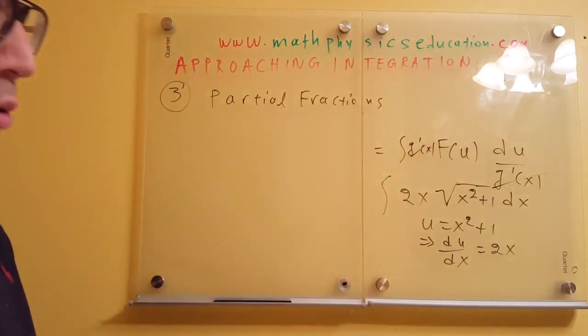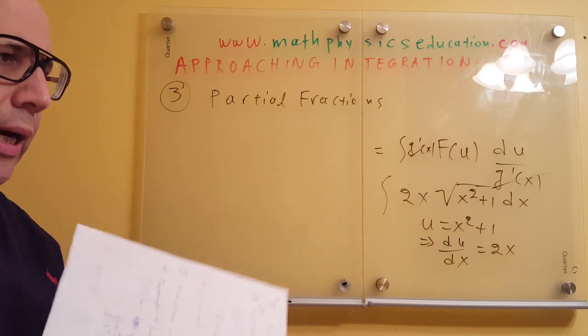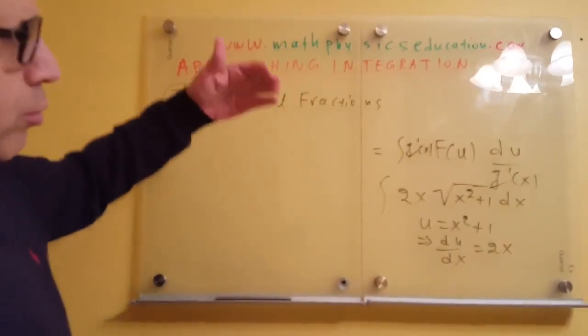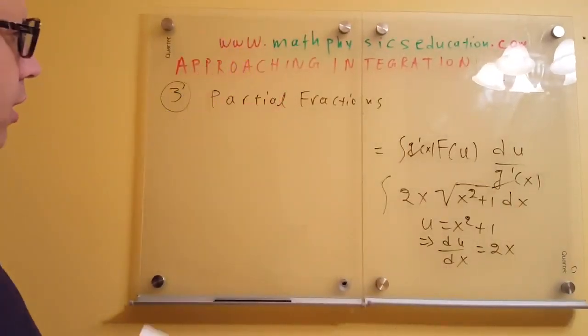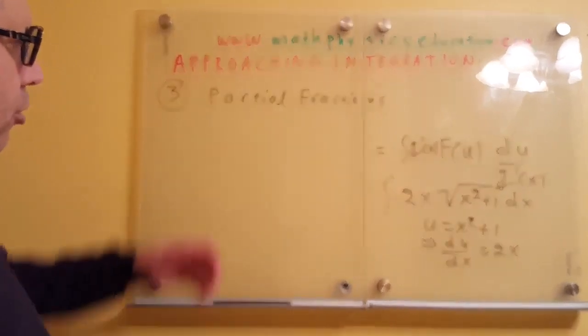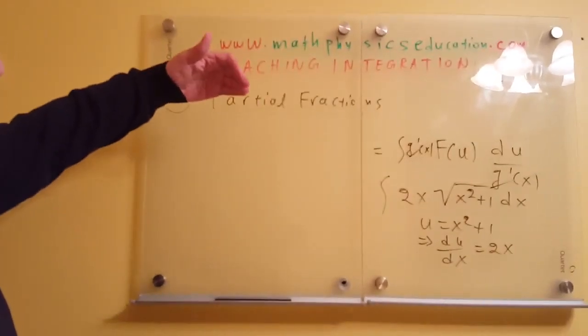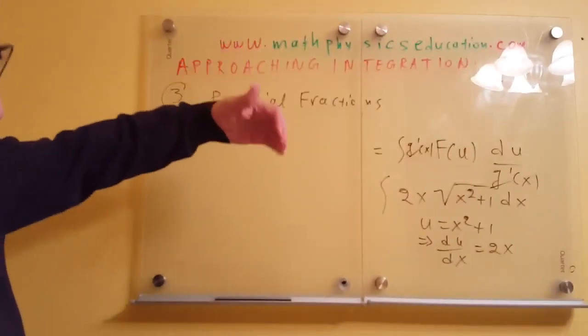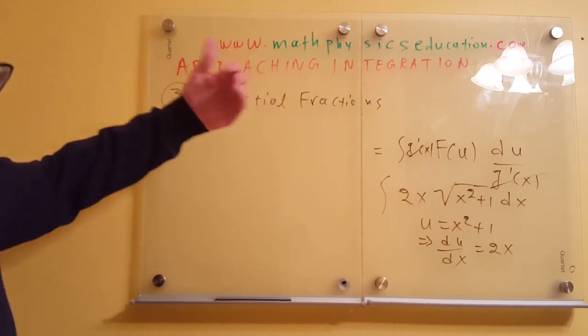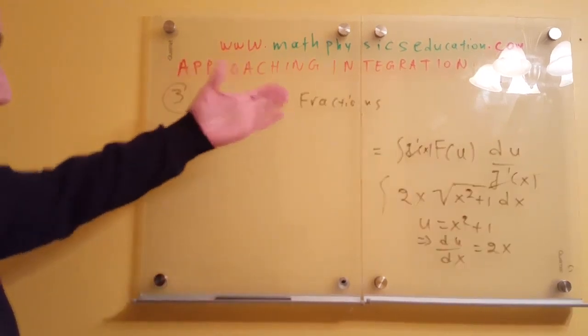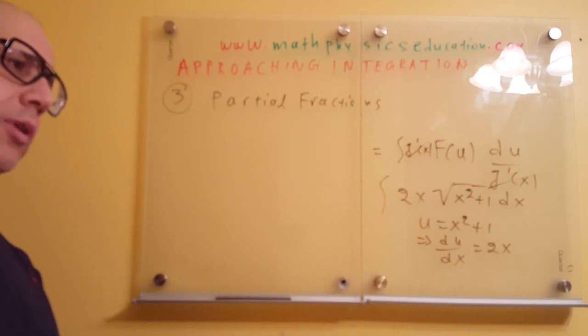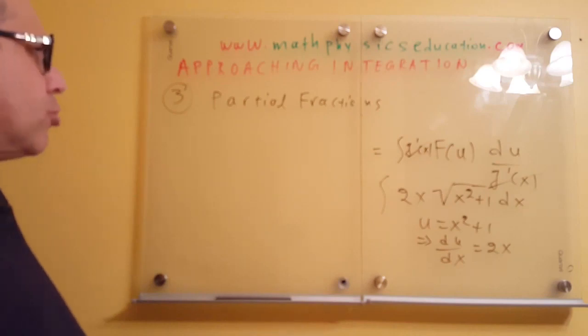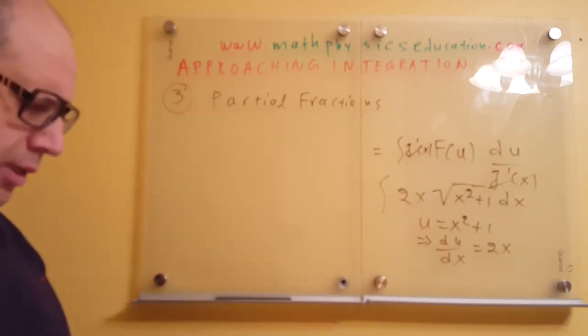Of course, whenever you have a function which can be reduced to a rational function where the degree of the numerator is less than the degree of the denominator, then you have to approach this problem using partial fractions.